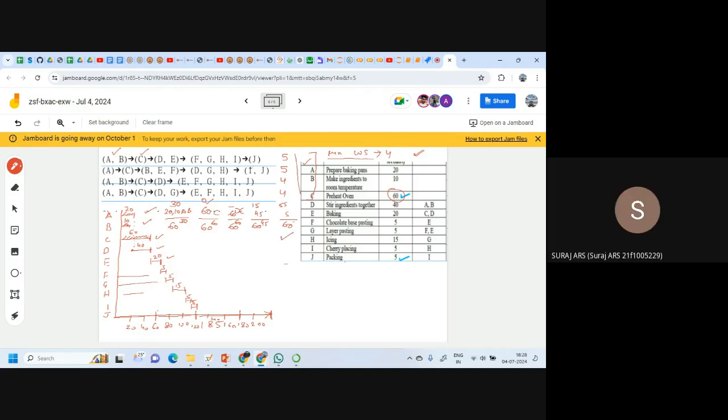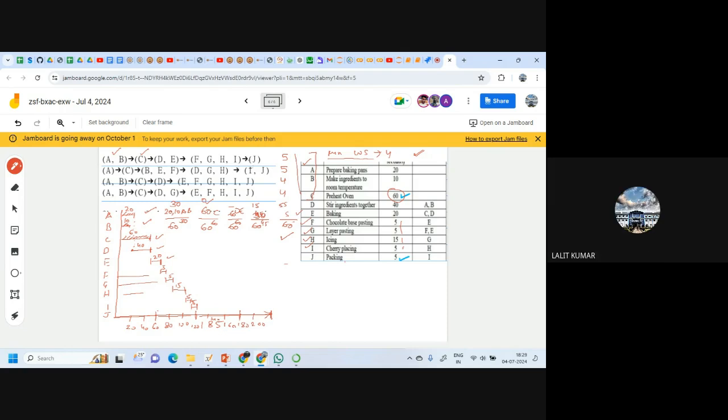F is 5, G is 5, H is 15, I is 5. So 5, 10, 25, 30. Yes, it should be corrected: 30. So this is possible. There is no violation of precondition, so this can be achieved.